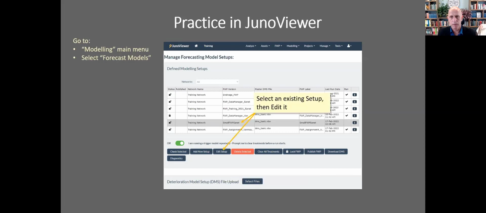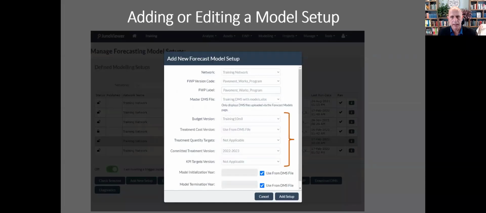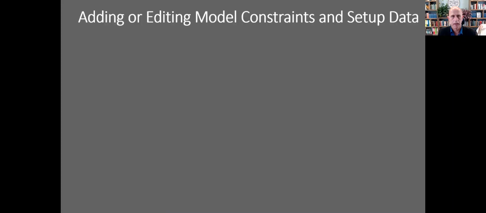So let's just go a bit forward and look at the adding and editing of model constraints and setup data. To get to this page in JunoViewer, you go to the modeling main menu and then select the submenu item, manage model data.